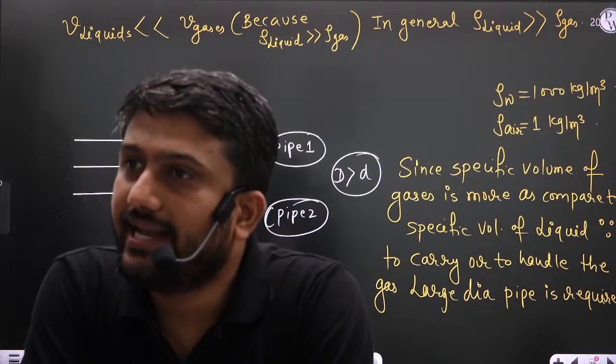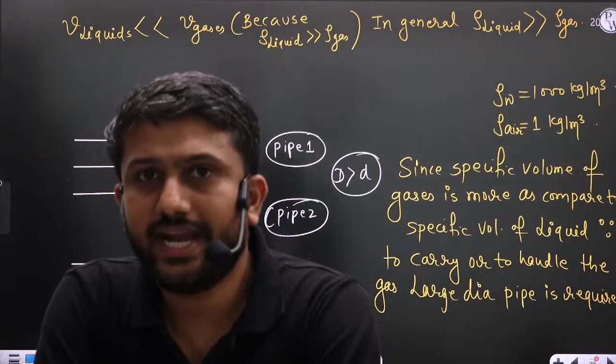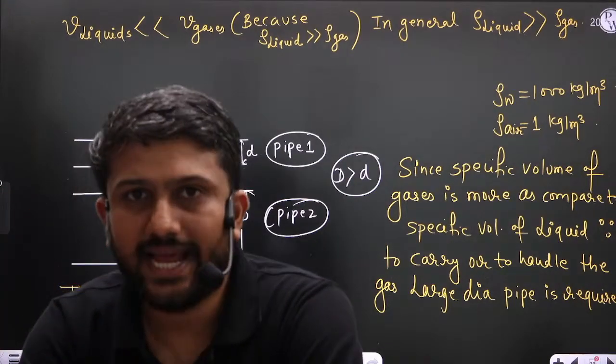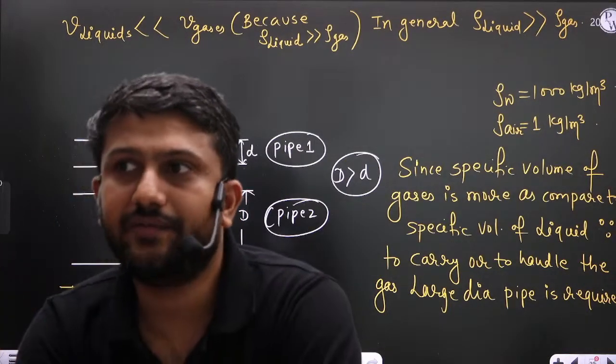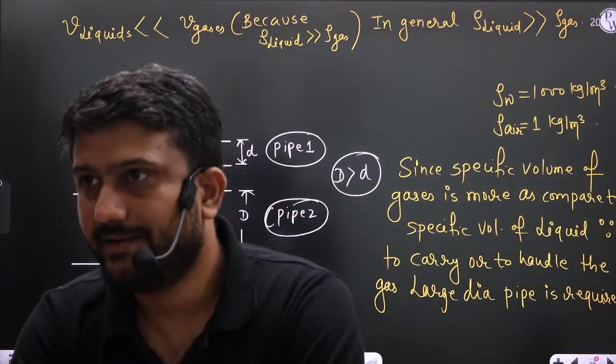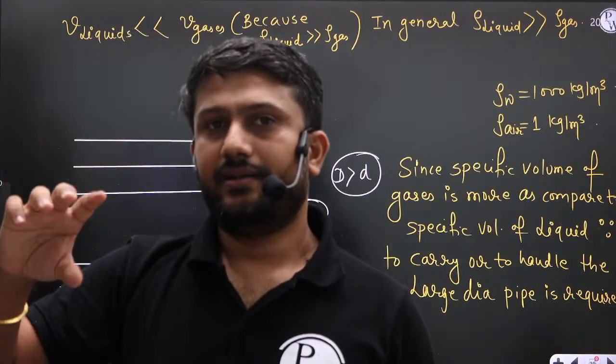Exactly. A practical example is in the air conditioning unit also. In an air conditioning unit there are two pipelines. One pipeline is for the liquid refrigerant and another pipeline is for the vapor refrigerant.